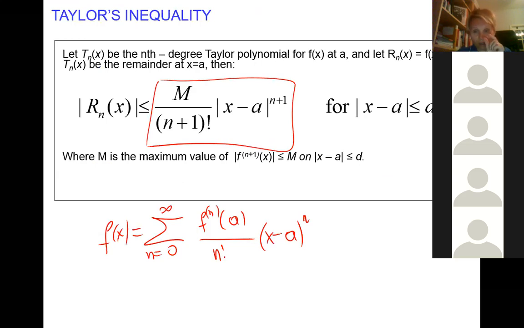The error was always less than the next missing term. If I took the sum of 100 terms, s sub 100, then the error in this estimation was less than b sub 101. Or if I took just 5 terms, the error was less than b sub 6. If I take 9 terms, the error was less than b sub 10. Always the first term that I didn't count in my partial sum.